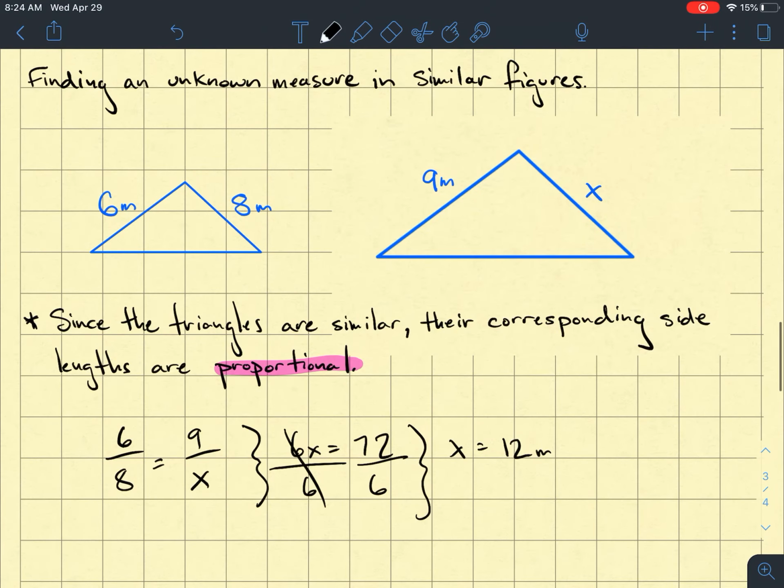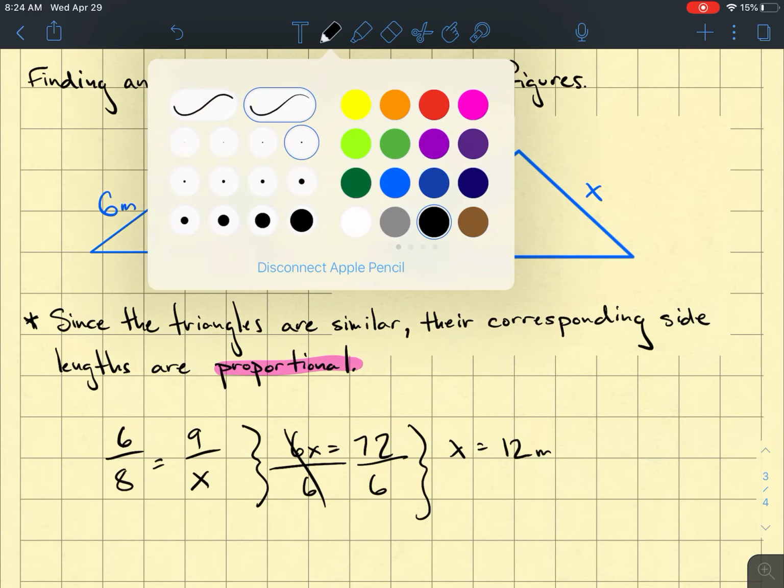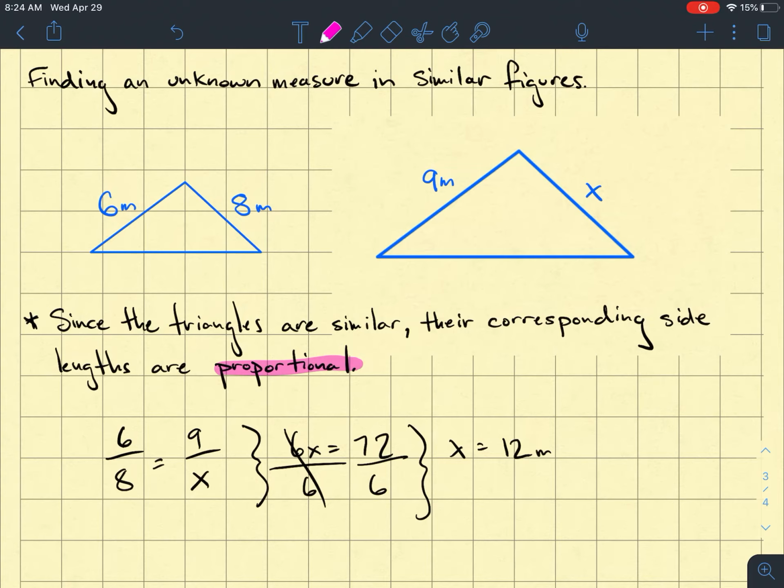Moving on. So finding an unknown measure in similar figures. You have two triangles, and they are similar. Now if they do not tell you that they're similar, then what you're going to want to look for is the rings, to make sure that they all have the same amount of rings in the corresponding angles.